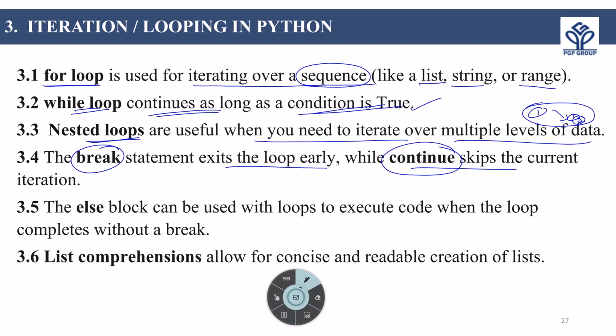Break statement: when the loop exits, we use the break statement. When the current iteration is skipped to the next one, we use the continue statement. Clear? The else block can be used with loops to execute code when the loop completes without a break. The previous step we called break: when the loop exits early, we use break.